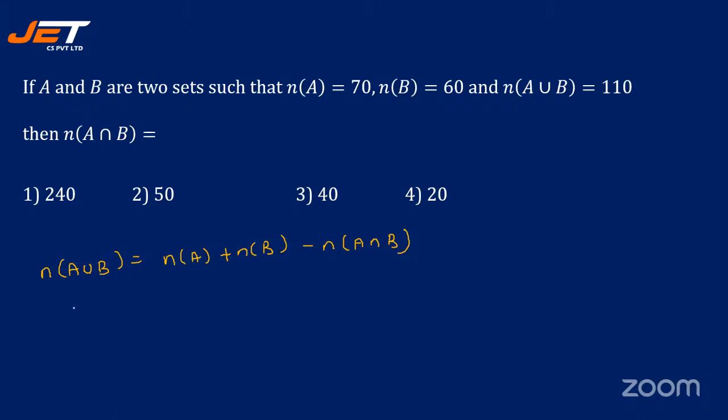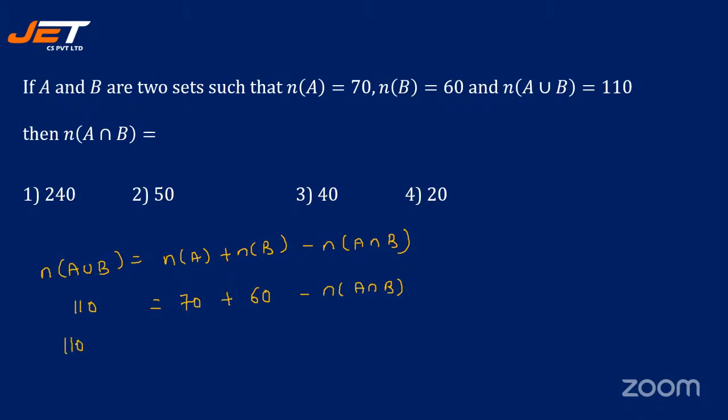Right. So what is n of A union B? It is 110, which is equal to n of A, 70, plus n of B, 60, minus n of A intersection B, which we don't know. All right.